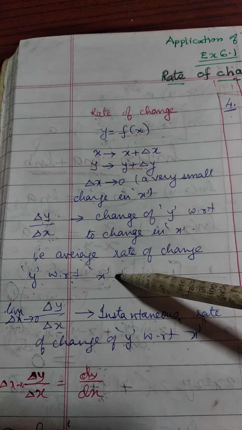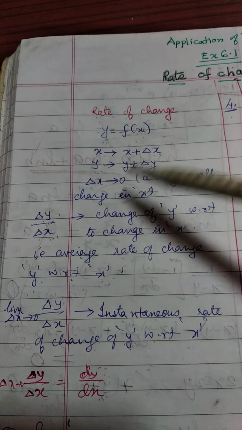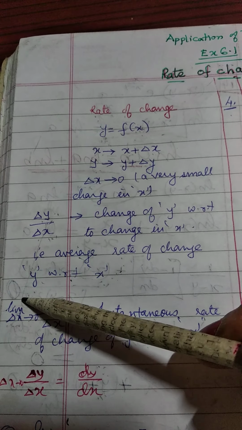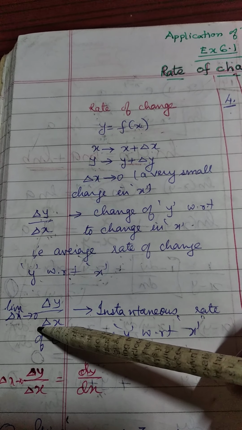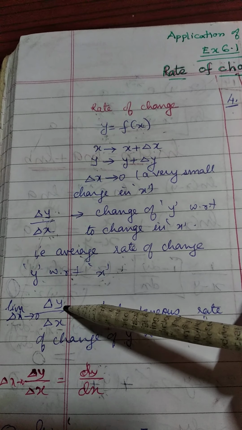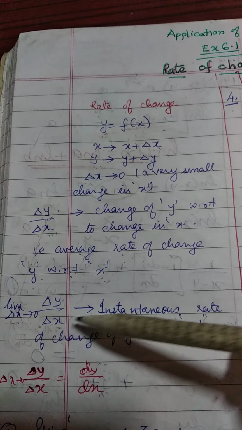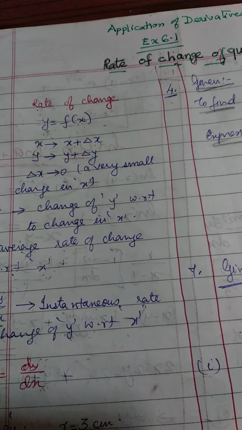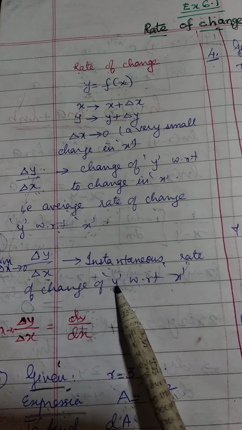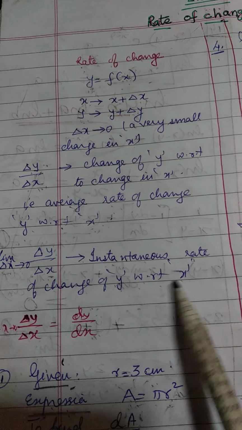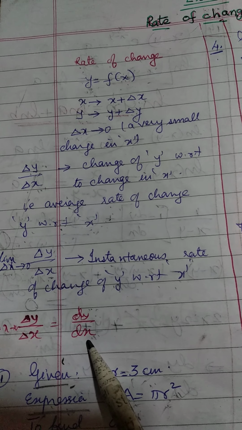If we take up the change at the instance that del x is very small, that is limit del x tends to 0, that is at that instant, then this quantity limit del x tends to 0 del y on del x is nothing but the instantaneous rate of change of y with respect to x, which is nothing but dy on dx.